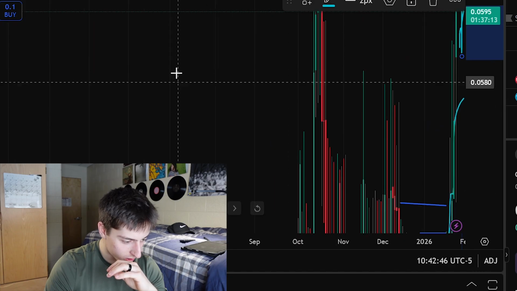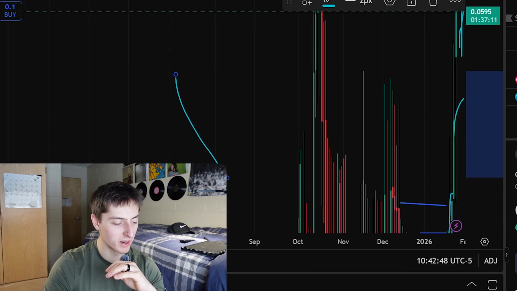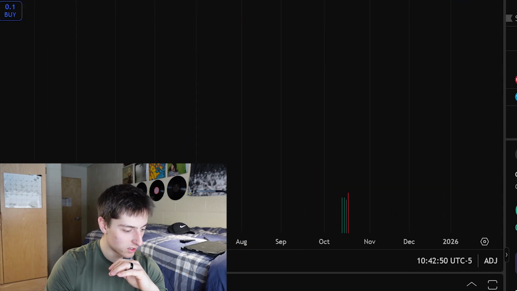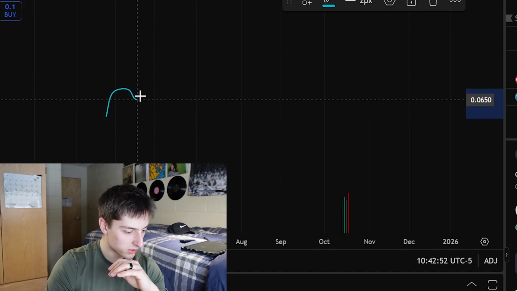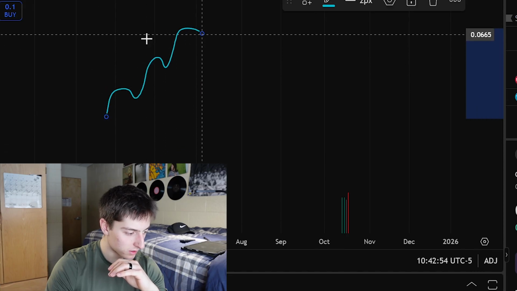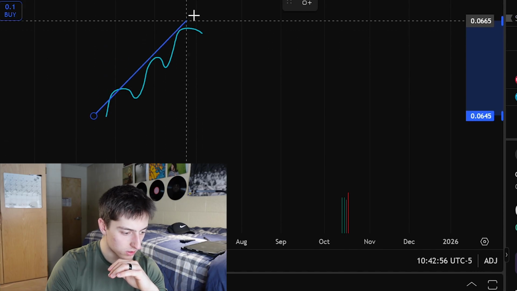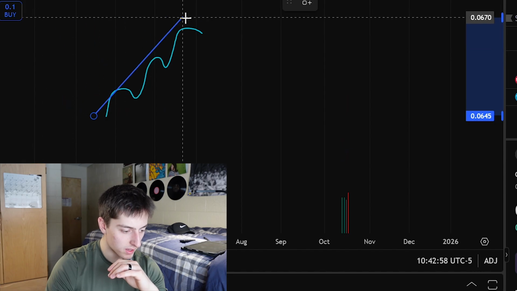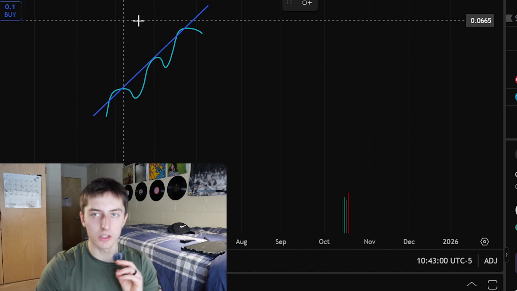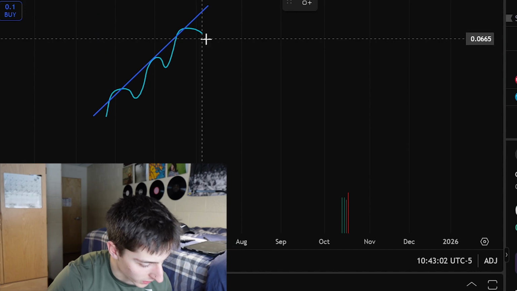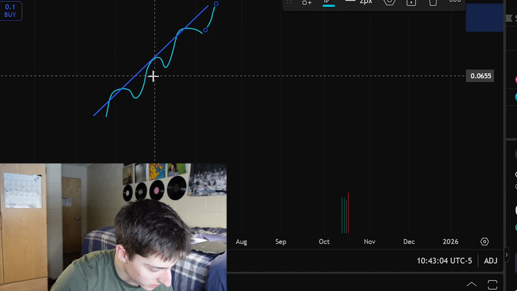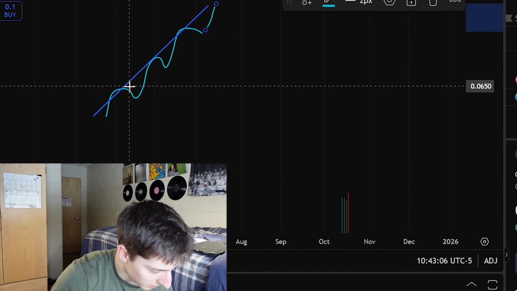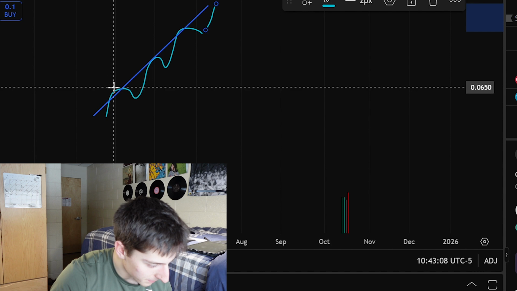But a bullish trend is simply the same thing as bearish. It moves upwards. Let me add one more actually. Moves upwards. And as you can see, just like bearish, it's characterized by higher highs. So let's grab a horizontal line.